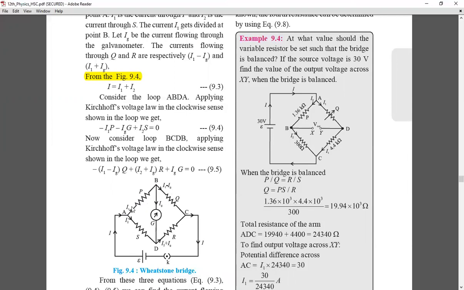I2 is less than I1, so Ig adds with I2 and comes as I2 plus Ig.